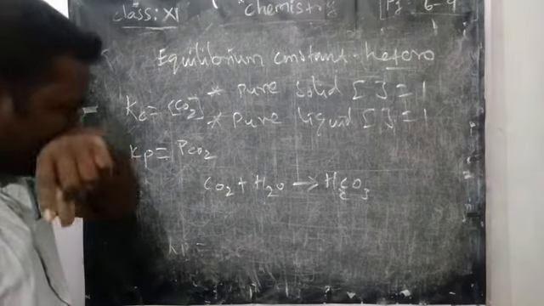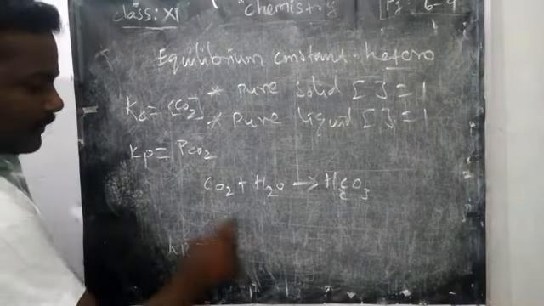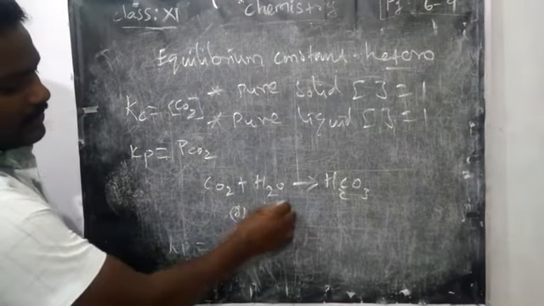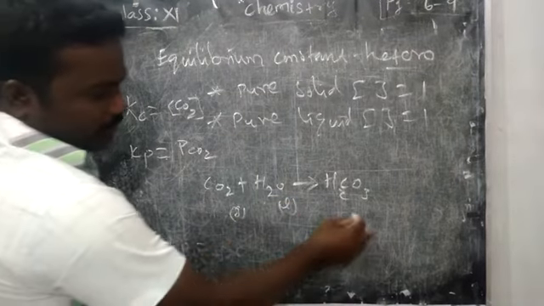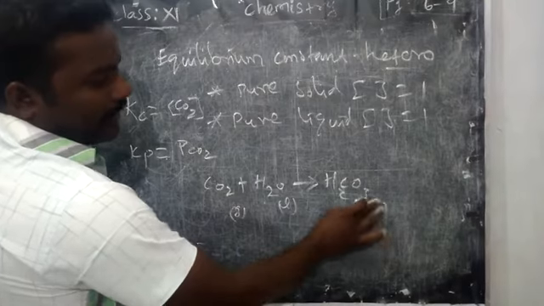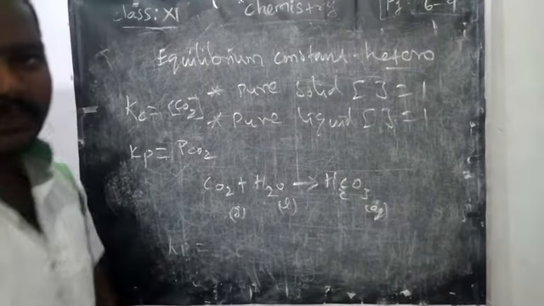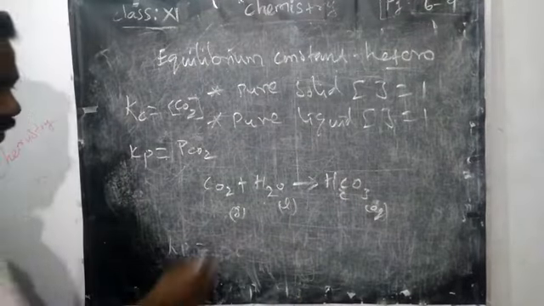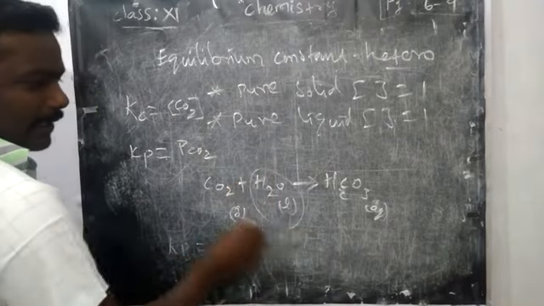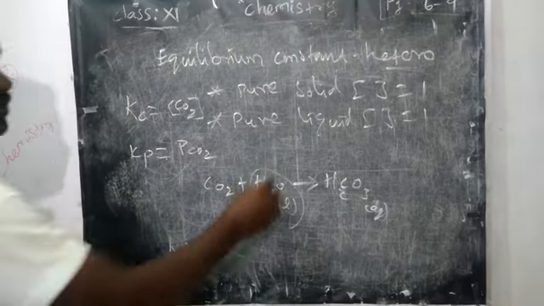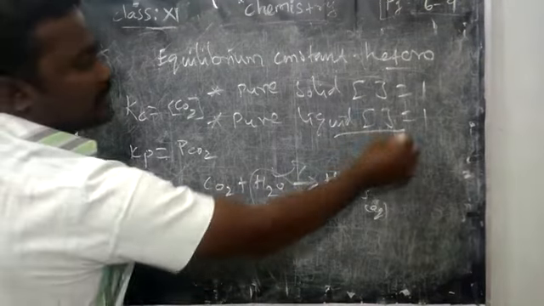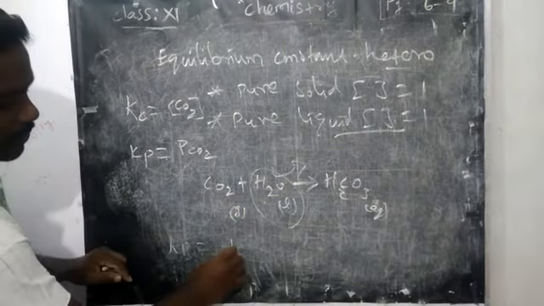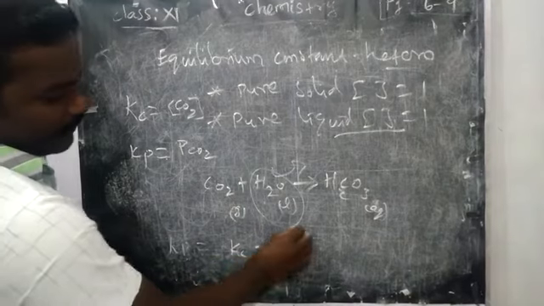Okay. For this reaction, listen, CO2 is gaseous, water is liquid, as well as the aqueous state, which is dissolved in water. Now, which one is pure liquid? Water. This is not a pure liquid. So for pure liquid also, we can write concentration is equal to 1. So, Kc is equal to, how do you write?